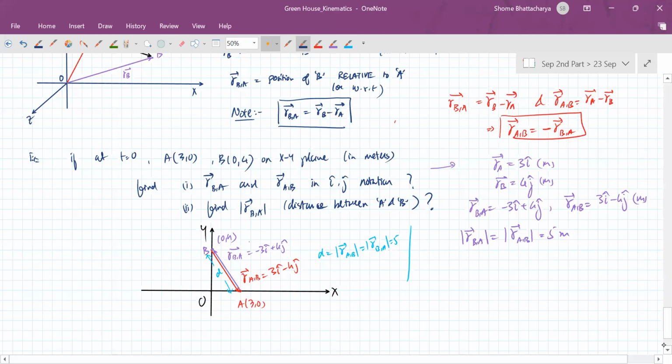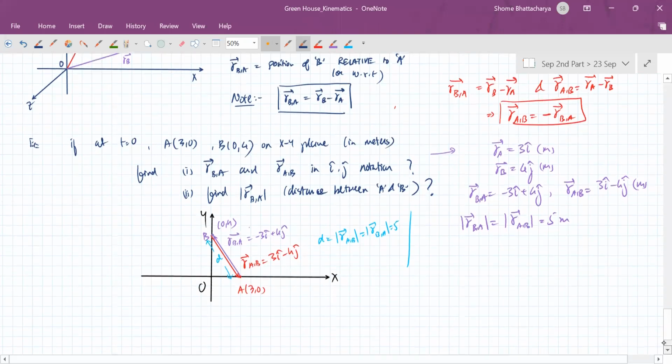Okay, so now from position, we move on to displacement, the next definition.